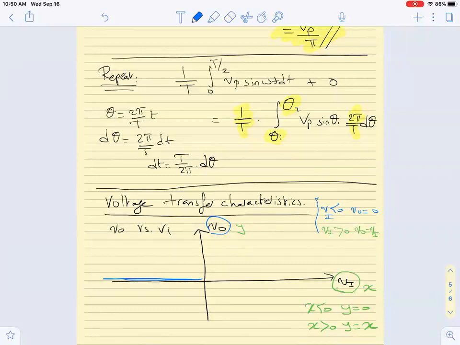A straight line passing through the origin, with what slope? 1, because y equals x. So the voltage transfer characteristic is a line passing through the origin when VIN is positive, and 0 when VIN is negative. We all know how to draw the voltage transfer characteristics for the rectifier.